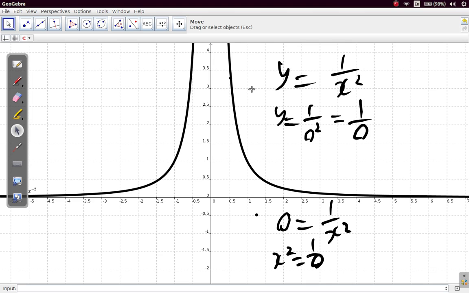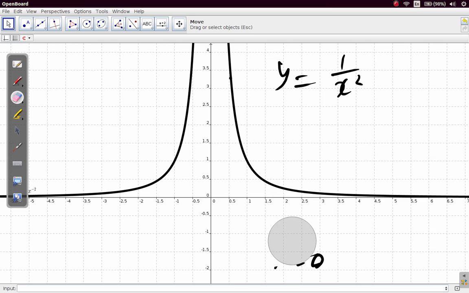So this is what the graph of 1 over x squared is. Now, let's do a little modification to the graph.